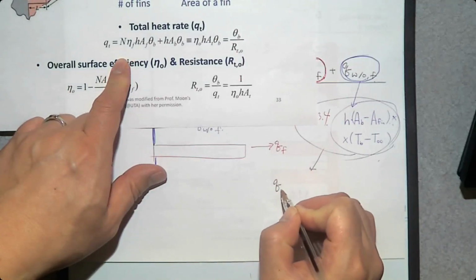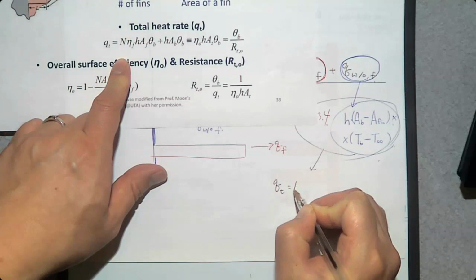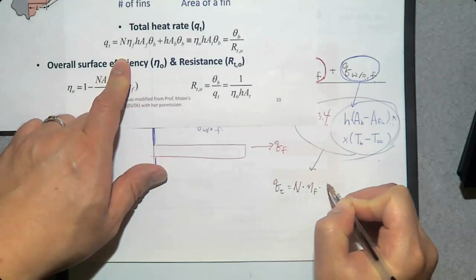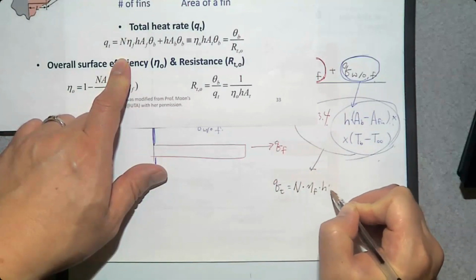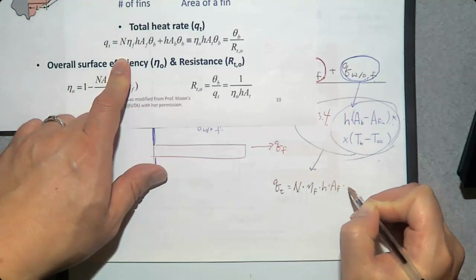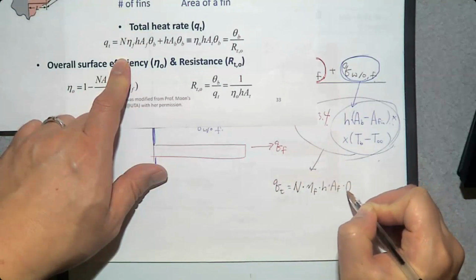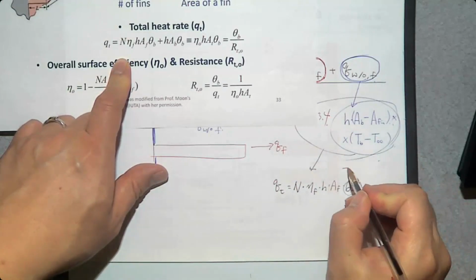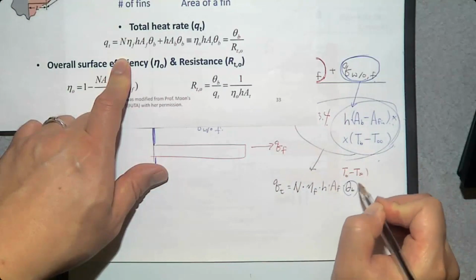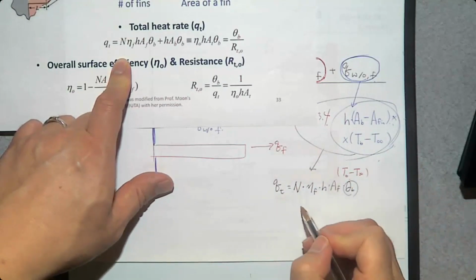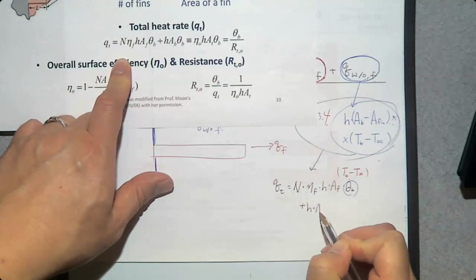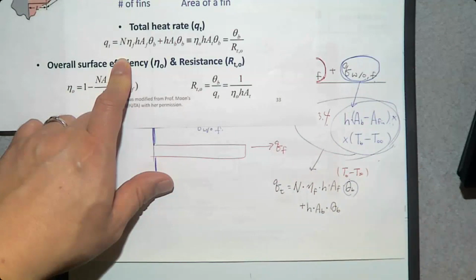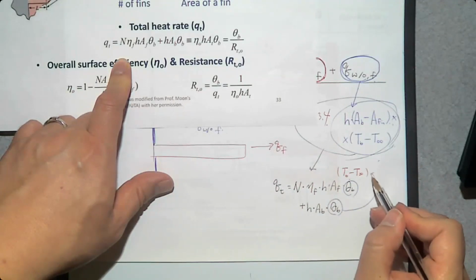The total heat transfer rate is going to be the number of fins N times the fin efficiency times the convection heat transfer coefficient times the fin area times theta B, which is the temperature difference, T_B minus T infinity, plus h times the base surface area times theta B, which is again T_B minus T infinity.